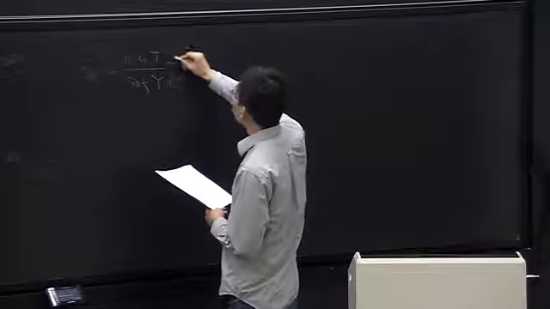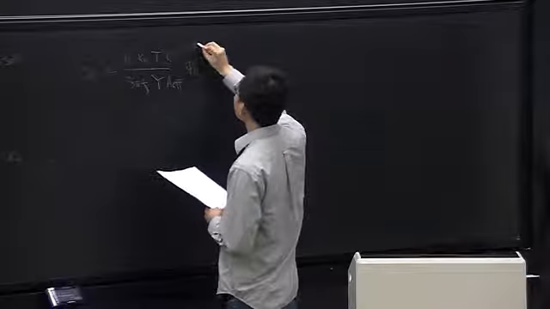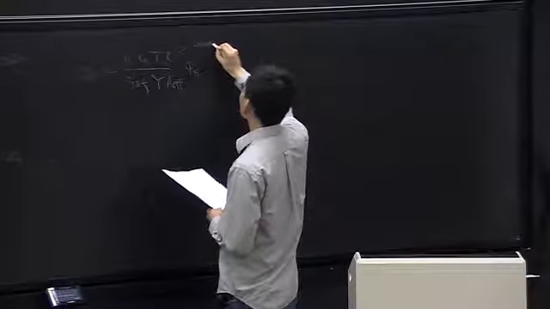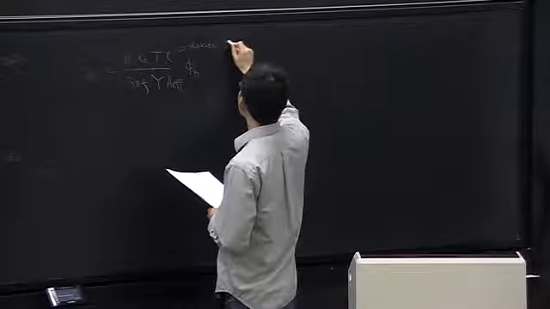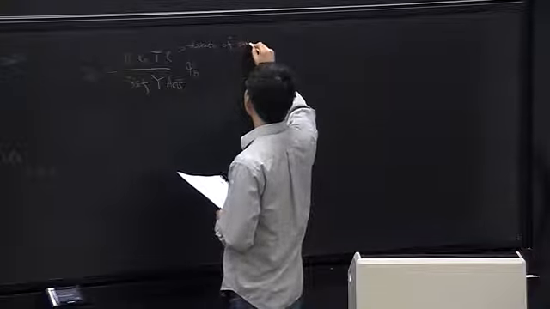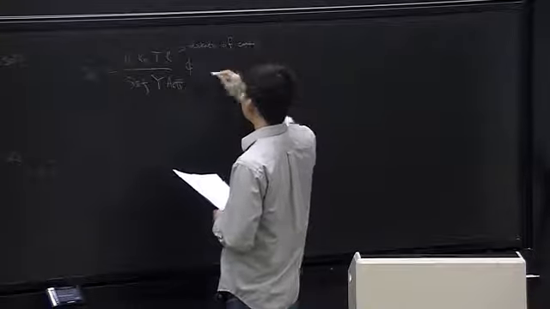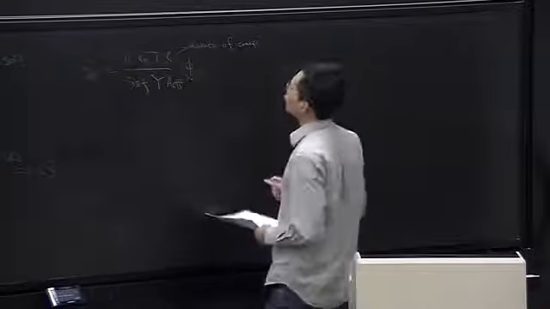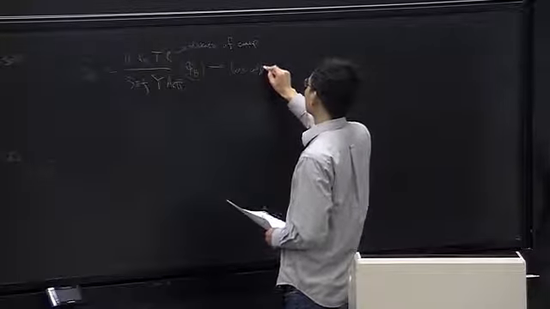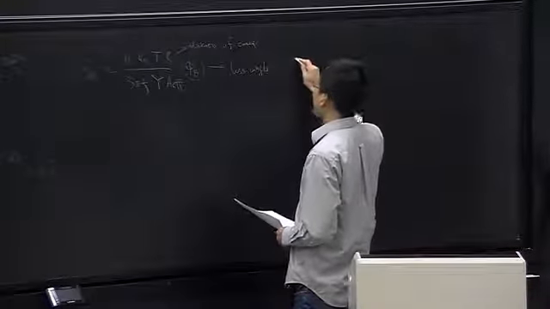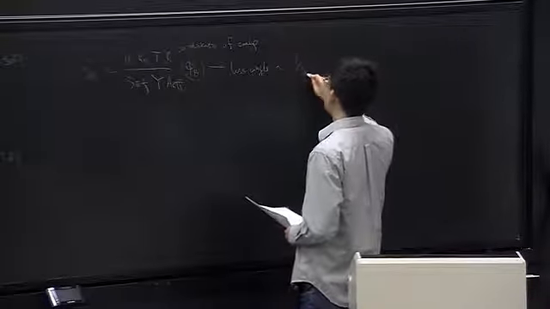where L here is the thickness of the coating. This phi, people call it the loss angle. It's basically roughly proportional to 1 over the quality factor.